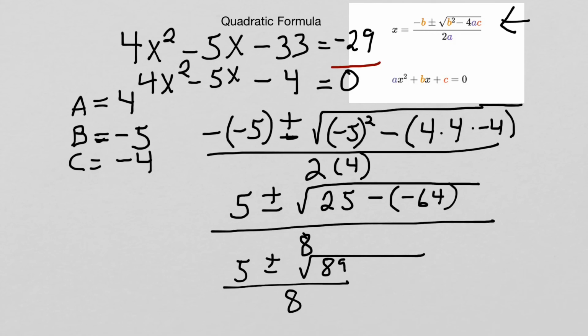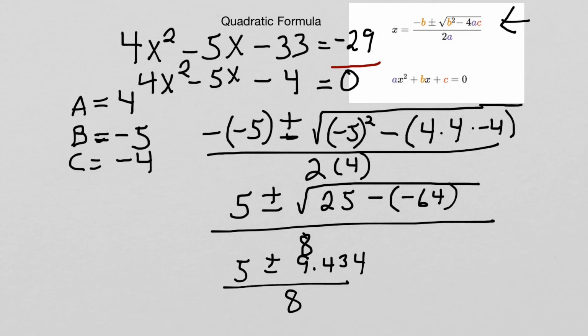All right, next thing we want to do is the square root of 89. If you type that into your calculator, you're going to get 9.43. Square root of 89 is 9.434.